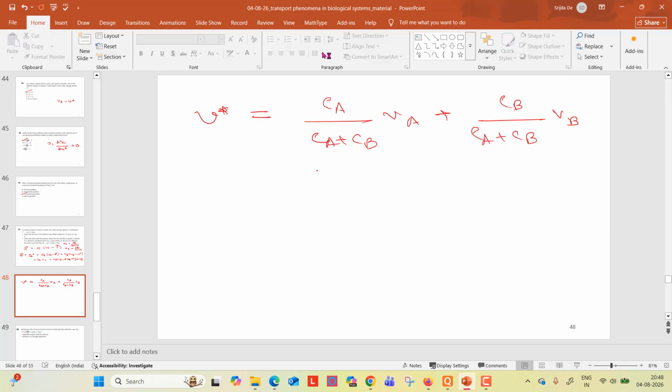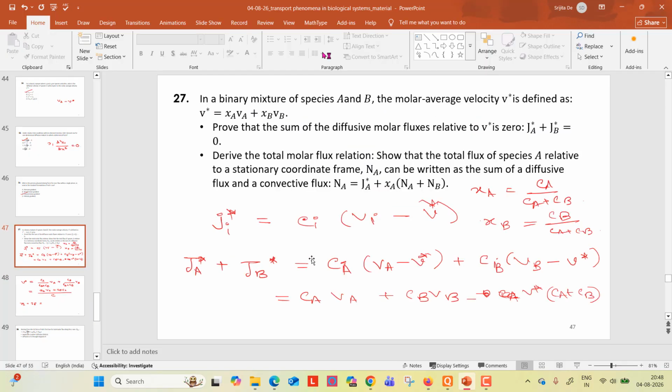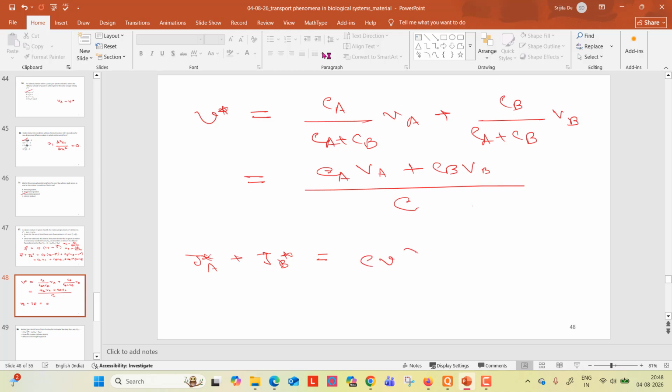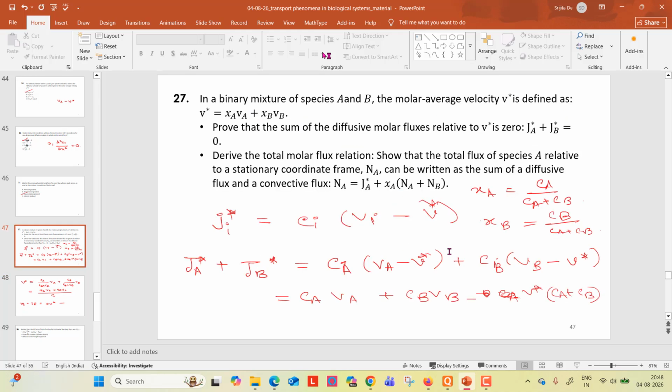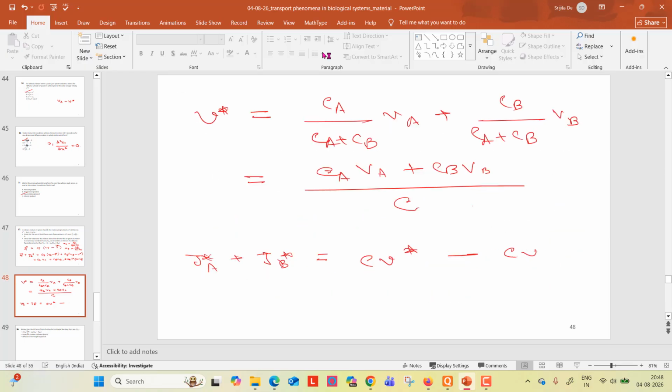So it is nothing but CaVa plus CbVb divided by total C. Now if we put that in the equation, J star plus Jb star equals CaVa plus CbVb minus total C into V star, so it will be Cv star minus Cv star, which comes as 0. It is proved, right?